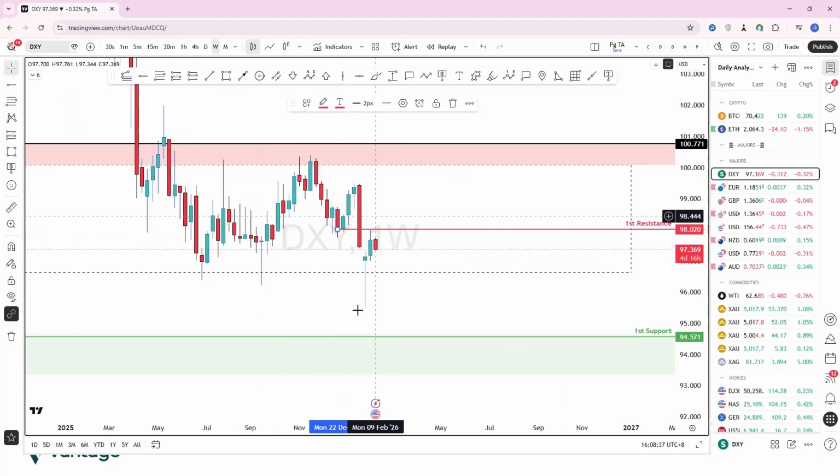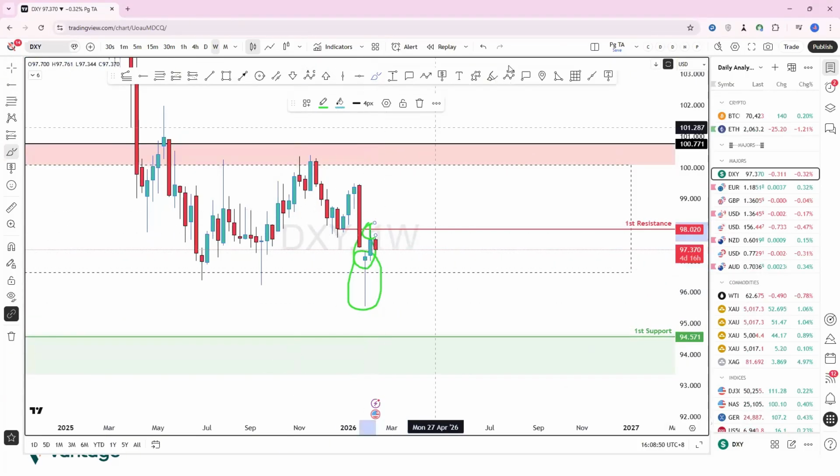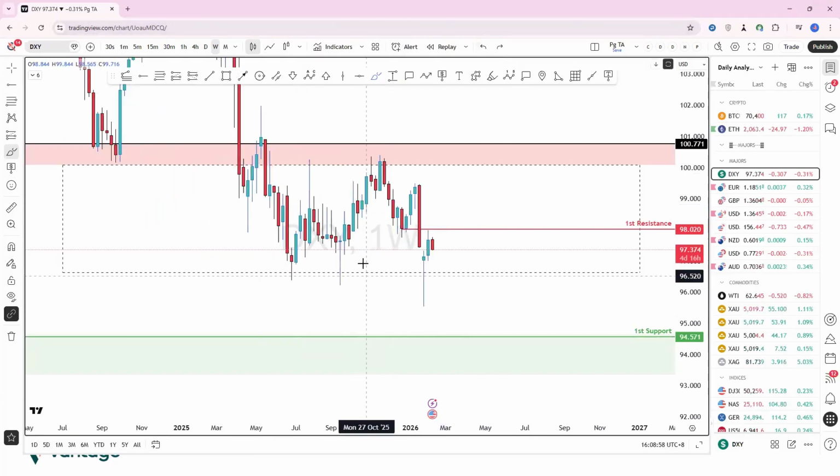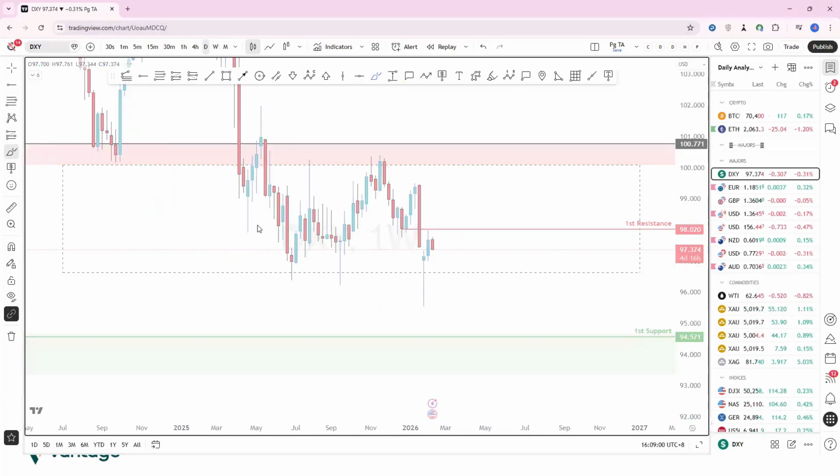The reason I would say we're going to see a pullback is that we have quite a strong rejection like this, and last week also closed with a bullish candle. So this is the resistance. And if we draw this, this is the FVG, fair value gap, but the first resistance is still there for the weekly.